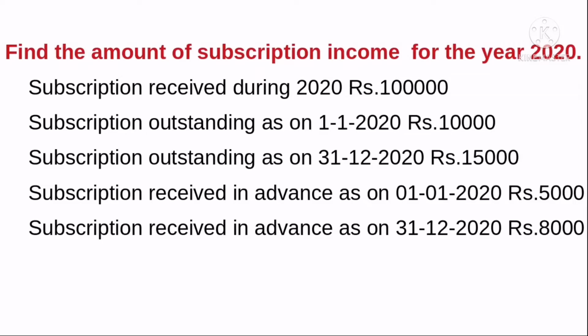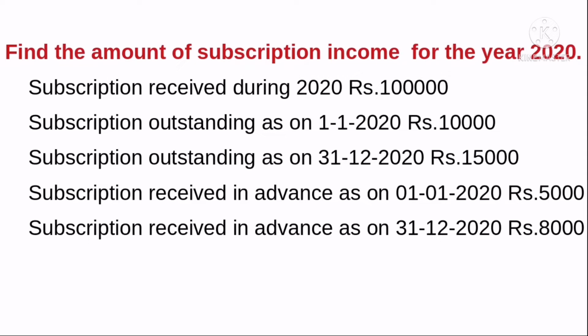Here is a question for you. Read that question carefully. Find the amount of subscription income for the year 2020. Subscriptions received during the year 2020 rupees 1 lakh. Subscription outstanding as on 1/1/2020 rupees 10,000.